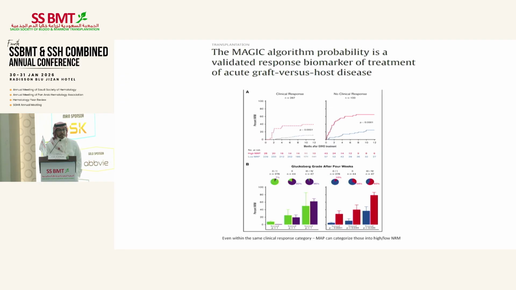So there are multiple studies that looked at MAP, or the MAGIC algorithm probability. It's very well validated across multiple studies in both adult and pediatric populations. As you can see here, very interestingly, even within the same clinical response category, among the patients who responded and among those who did not respond to acute GVHD treatment like steroids, you can still classify patients into those who have higher non-relapse mortality and lower relapse mortality based on the MAP.